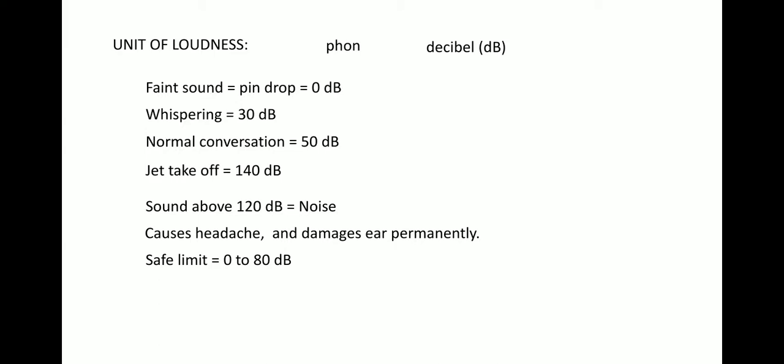Usually music or sound up to 30 decibel is considered very soothing. Okay, when you have to enjoy some good music, then you should only listen up to 30 decibel, not more than that. Suppose you are in a disco and you are having a nice party with loud sound, then that sound is not 30 decibel, it is more than that. You cannot hear normal conversation when you are inside a pub.